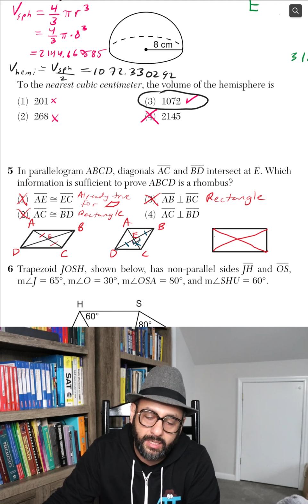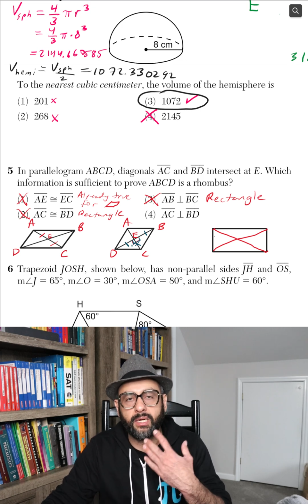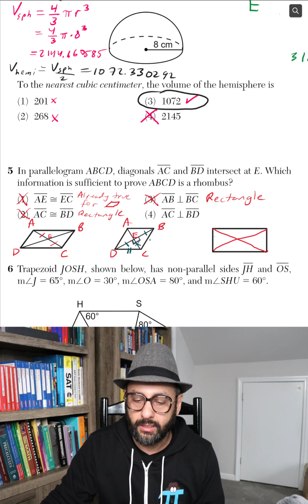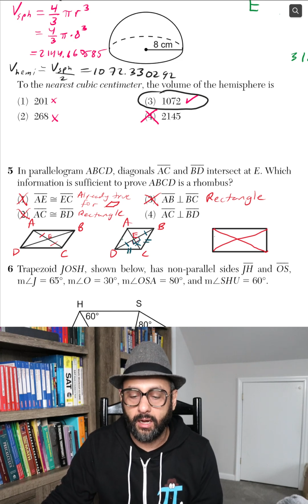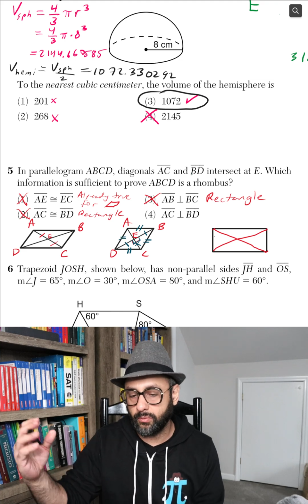So by side angle side, triangle DCE is congruent to triangle BCE. And by CPCTC, corresponding parts of congruent triangles are congruent, this line segment is congruent to this line segment. AB is already congruent to DC, and AD is already congruent to BC. So that's a rhombus.